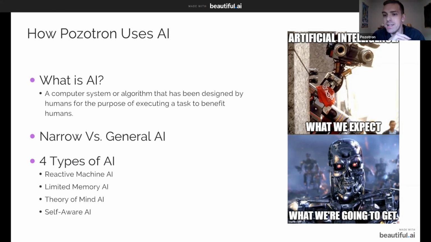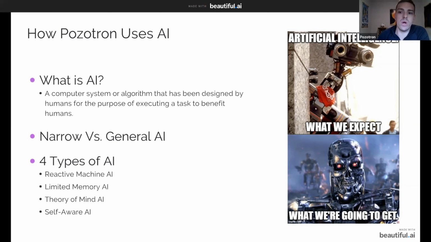Then self-aware AI is where we get down into Skynet from Terminator, and that is AI that not only encompasses everything in theory of mind, but also understands that it itself has its own emotions that impact its own decisions and the decisions of others. So that's where self-aware AI becomes what everyone's afraid of.